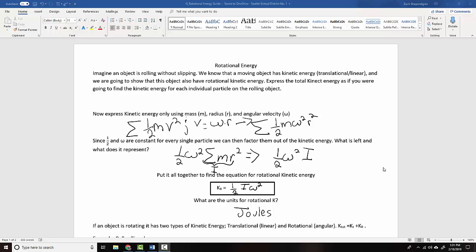So this top part we did in class together. We basically derived what kinetic energy for a rotating object is. Just remember, you do have linear kinetic energy, or KL, which we decided here in class to call it, and that is our normal 1/2 mv squared.